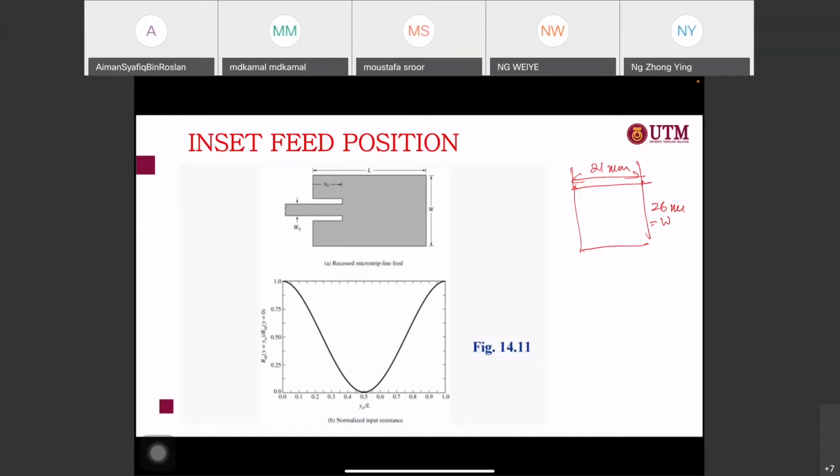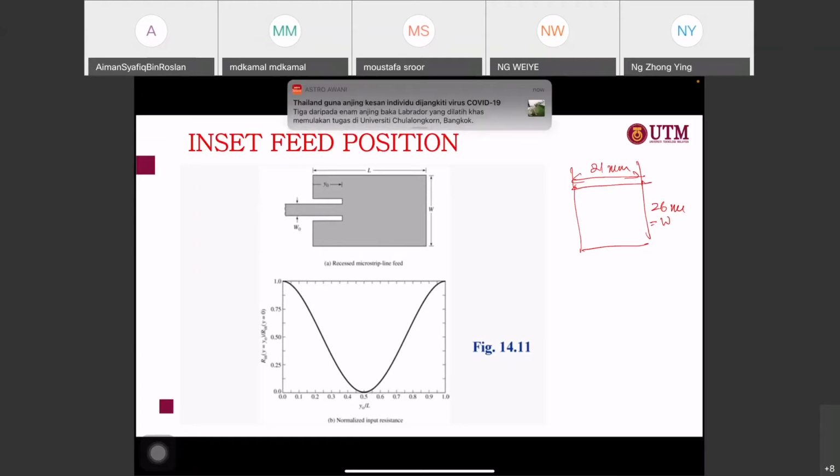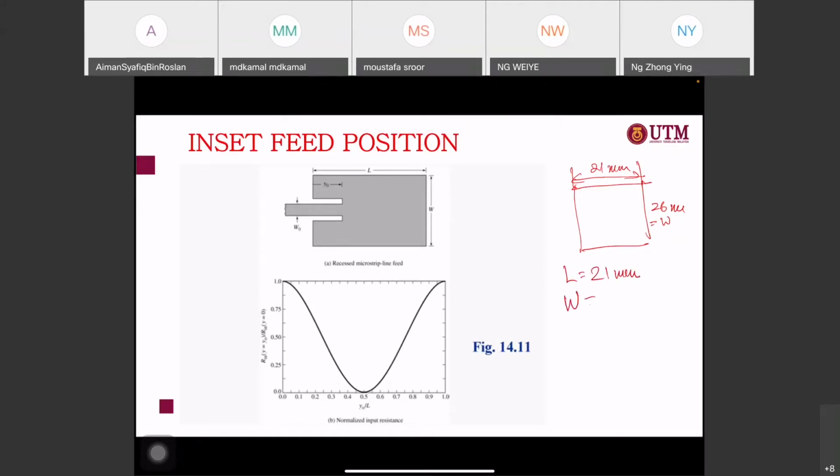Okay, so roughly about 20 millimeter or 21 millimeter is okay. So as you can see, if you design your antenna now, the most important thing is that your L is 21 millimeter and your W is 26 millimeter here.